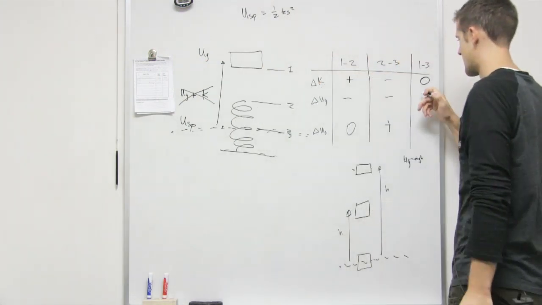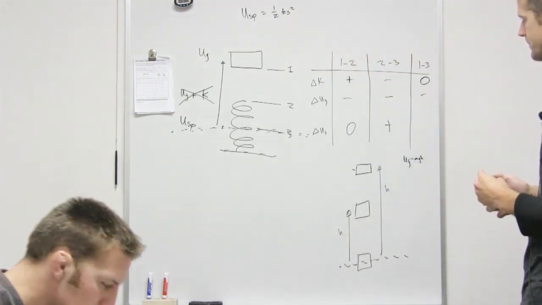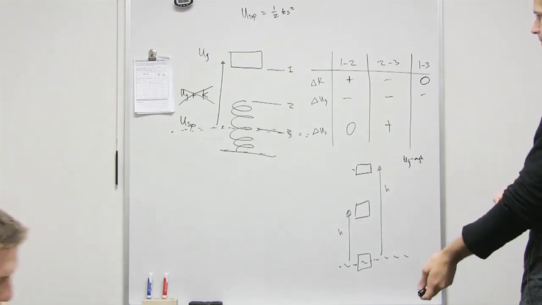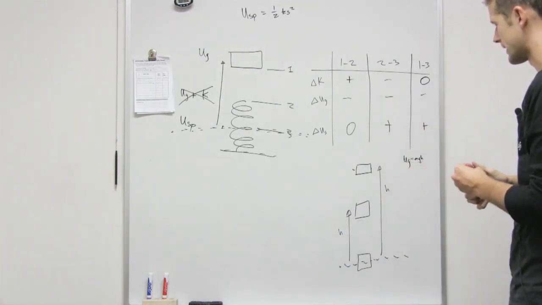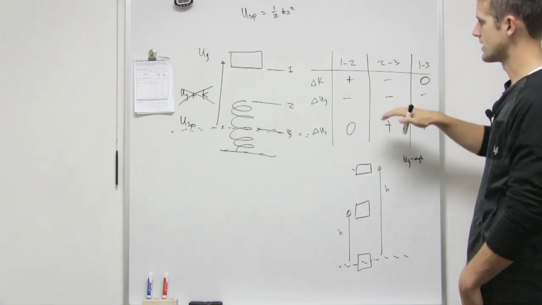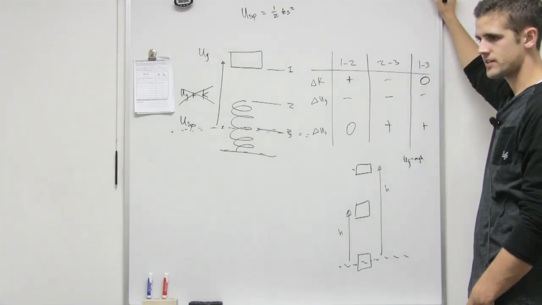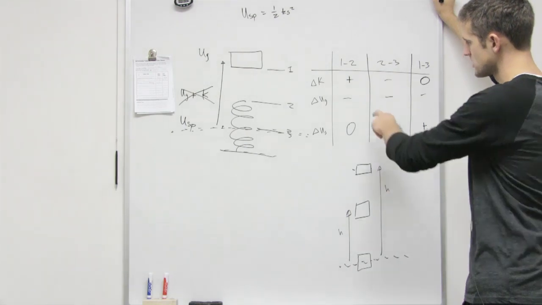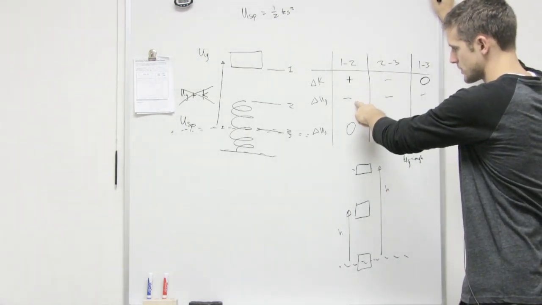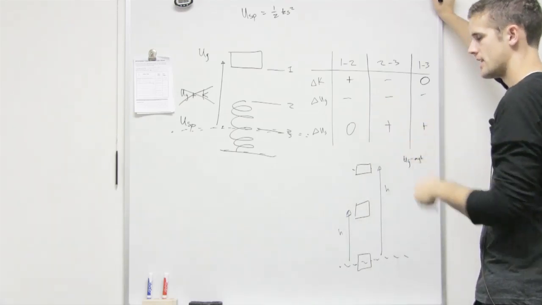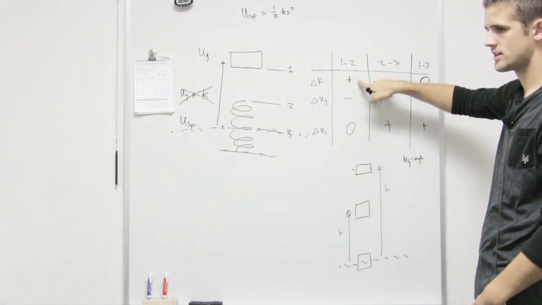So this still goes down. Negative. Yep. And the spring is positive. Yep. So you kind of see the pattern here, because energy is conserved. So in this case, your gravitational potential energy went down, and it turned into kinetic energy.